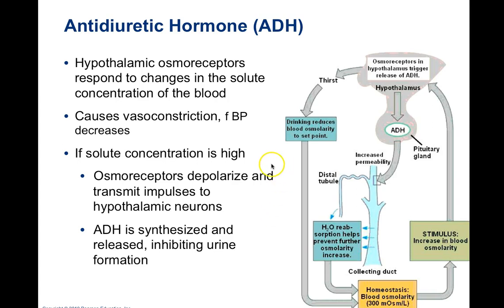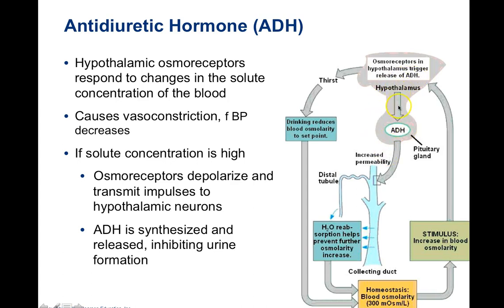So let's take a look at what's taking place in this diagram. We have our stimulus, which is showing us that we have a tilt within our homeostasis level here, and we get an increase in blood osmolality or osmolarity. That goes over to the hypothalamus, where we have osmoreceptors that will trigger the release of ADH.